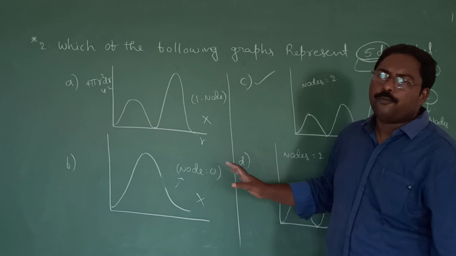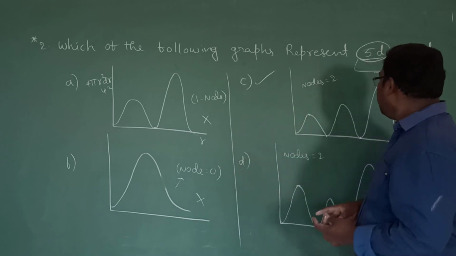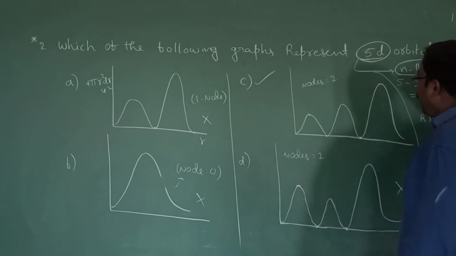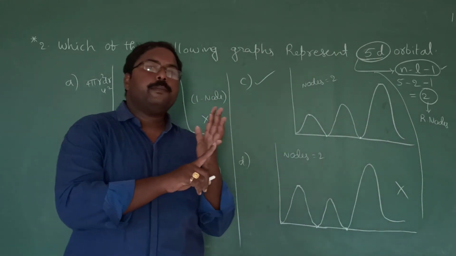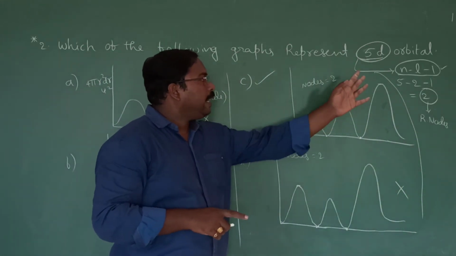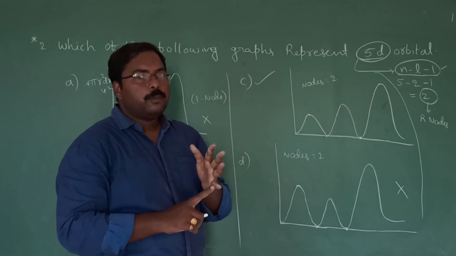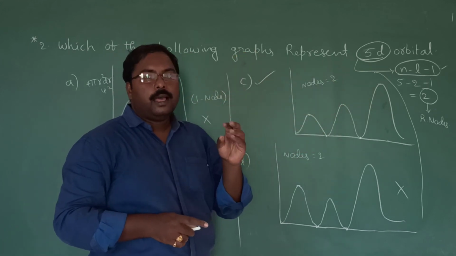These are not the tough ones. Only the formulas we got in today's class: calculation of the number of radial nodes, n minus l minus 1. Mostly they will ask this one only.